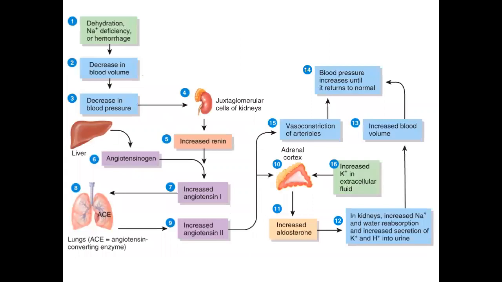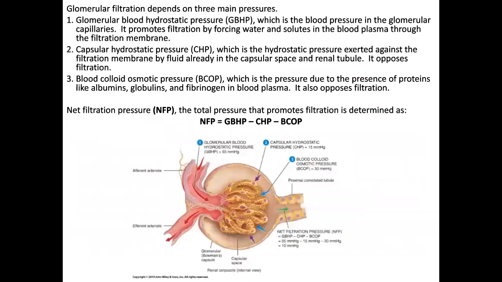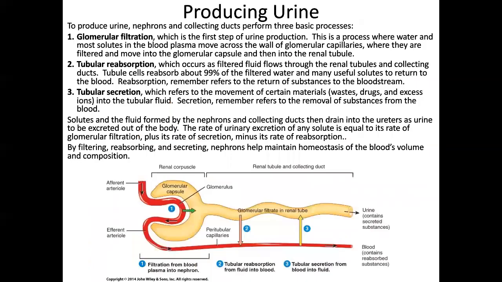If I go back to this slide, we said that there's three basic processes in the formation of urine. That's what we just got done talking about, just the very beginning: forming the filtrate. That all takes place in the corpuscle.